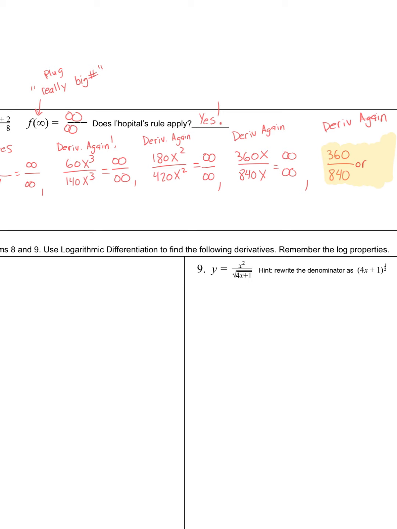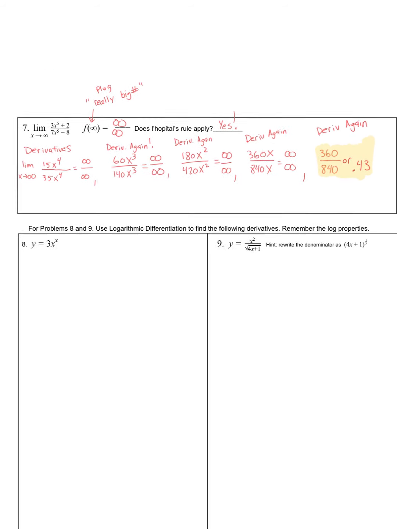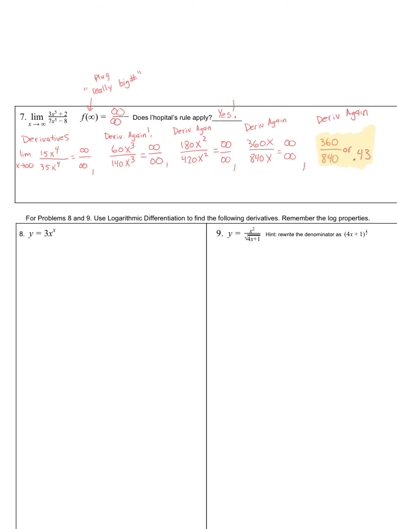You can write that as 0.43. All right, so in this case, we had to take the derivative once, twice, 3 times, 4 times, 5 times to get an answer. How great is L'Hopital's rule?